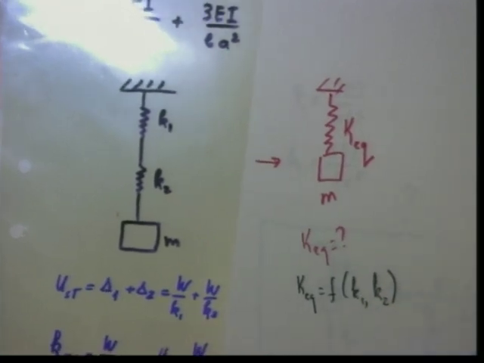So how does it depend? The answer is given here. What is used is static displacement. When I apply this load, I can imagine that the first spring displaces, then the second spring displaces. So therefore we have total displacement equals delta 1 plus delta 2.